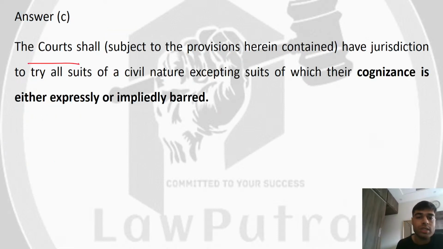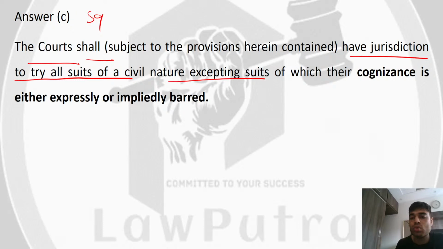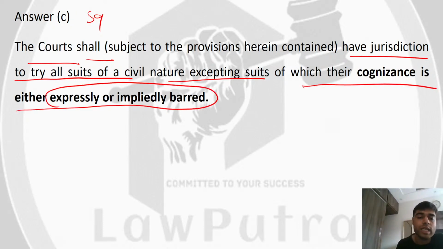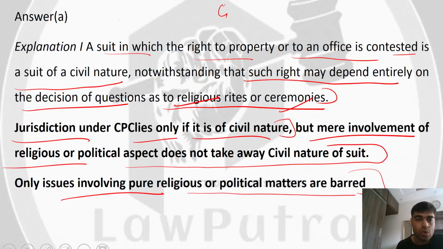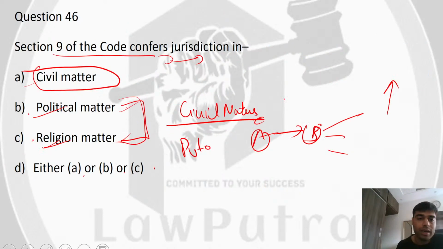The courts shall, subject to provisions of CPC, have jurisdiction to try all suits of civil nature except suits of which their cognizance is expressly or impliedly barred. Expressly means directly given that it cannot be done, and impliedly means if it is given in an indirect way. So what we saw for political and religious matters, this is actually impliedly barred.